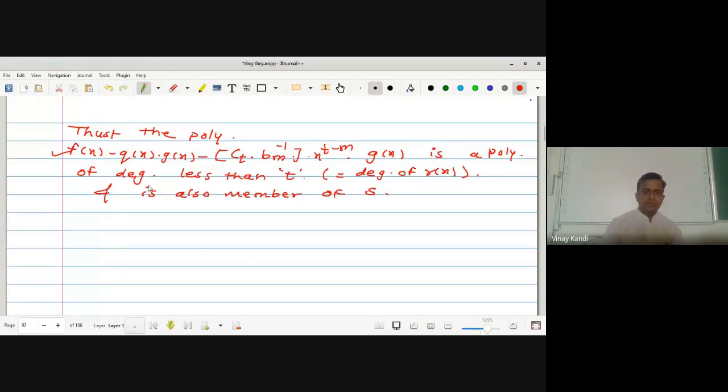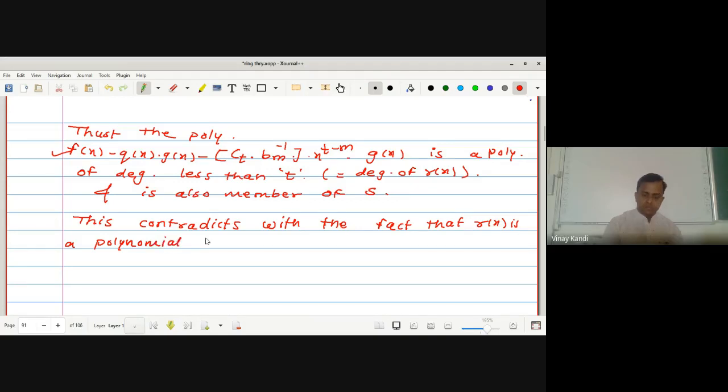So, this is the polynomial of degree less than t, and it is also the member of S. This contradicts with the fact that r of x is a polynomial in S of minimal degree.